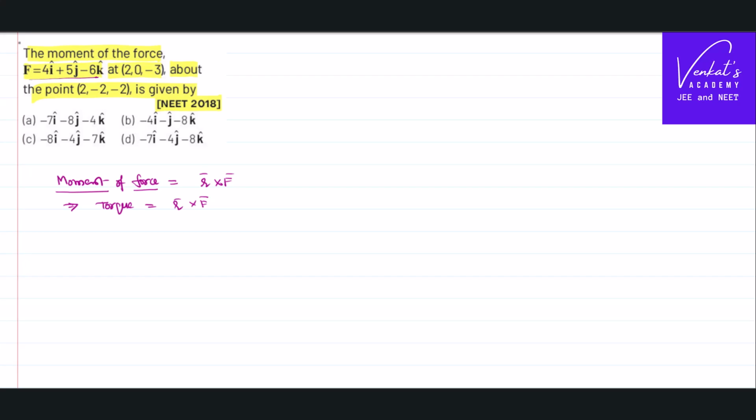F is clearly given for you, but R is not given; rather, the initial position and final position are given. So to get the position vector R, I shall find the difference between the initial position and final position, delta R. Delta R is traditionally written as R2 minus R1, that means final position minus initial position.